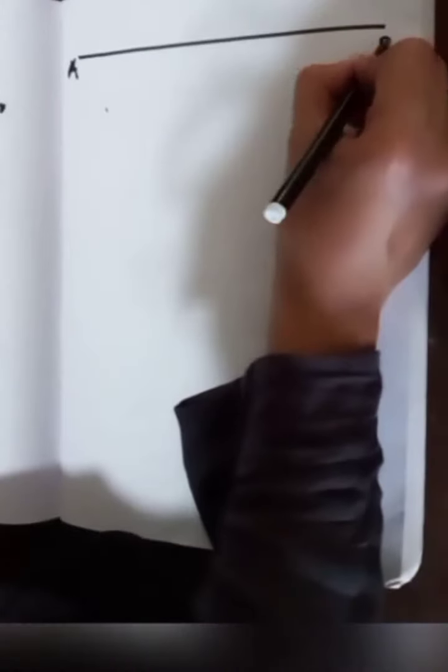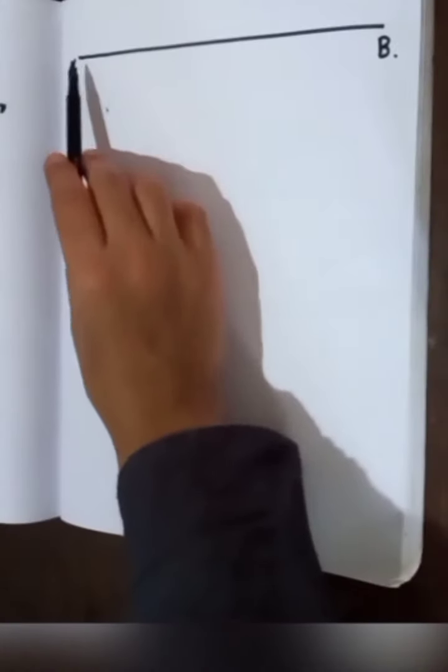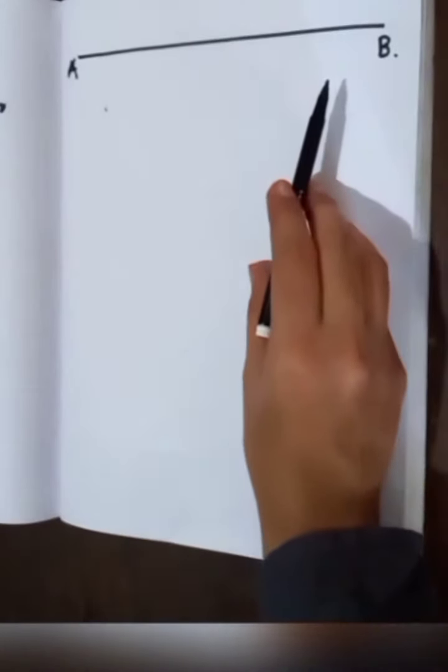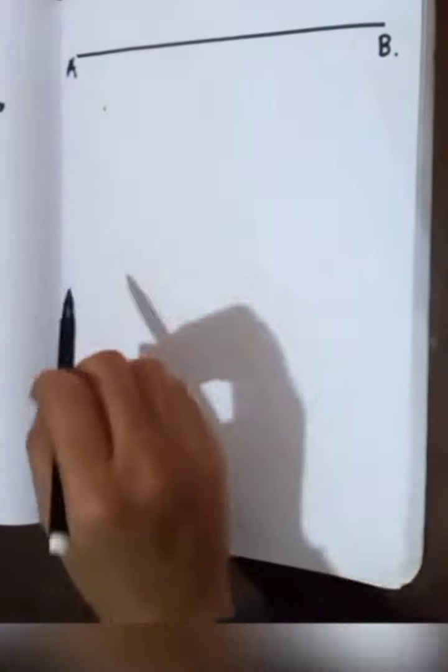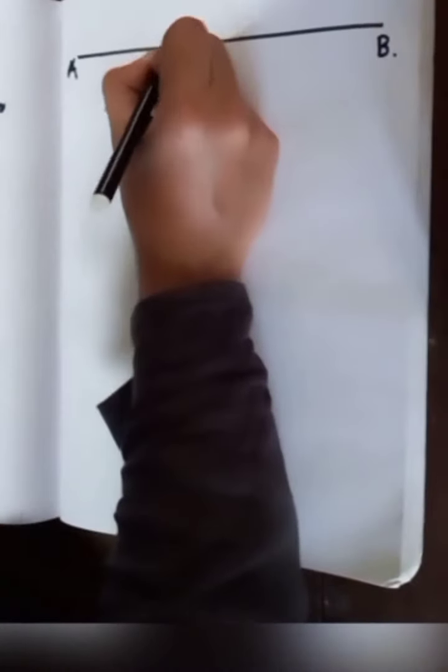Joseph jogs from one end A to the other end B. We understand that there are two ends, that is A and B. It is a straight road, 300 meter long.